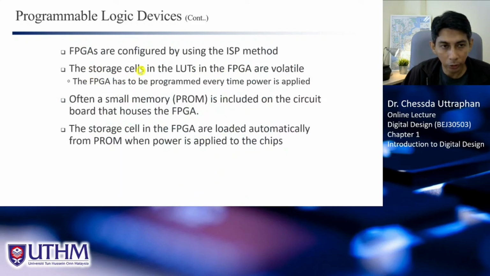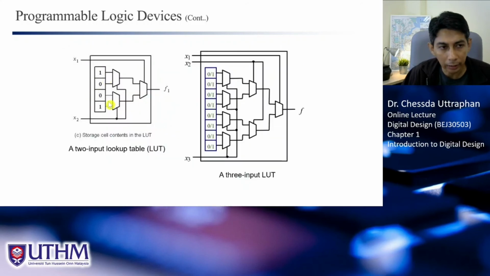The important thing to note is that the LUTs in the FPGA are volatile. It means that the value we program here, when we turn off the supply, we will lose. So if we want to use it, we need to program the FPGA every time.